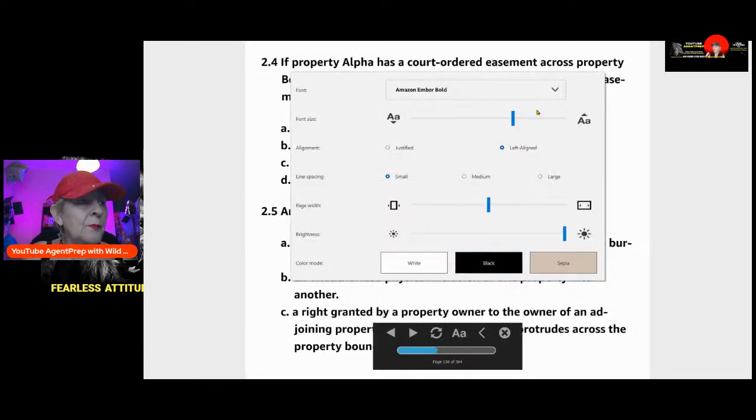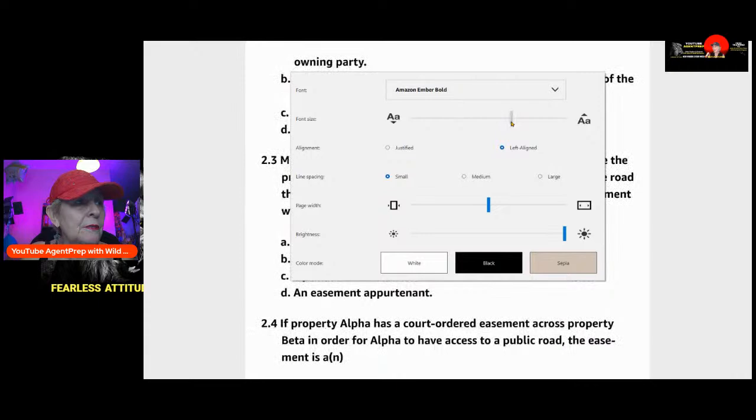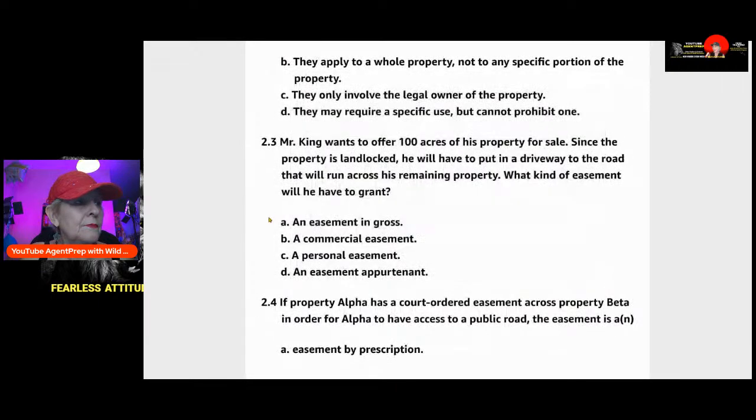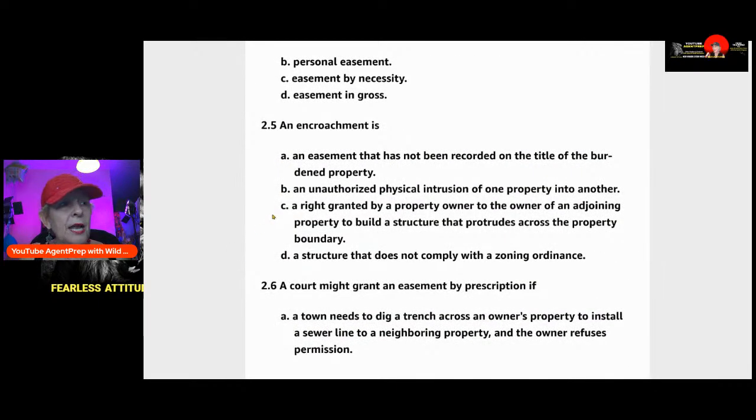Hold on, let me make sure I have it all on one page. C, a right granted by a property owner to the owner of an adjoining property to build a structure that protrudes across the property boundary. Or D, a structure that does not comply with a zoning ordinance. An encroachment.